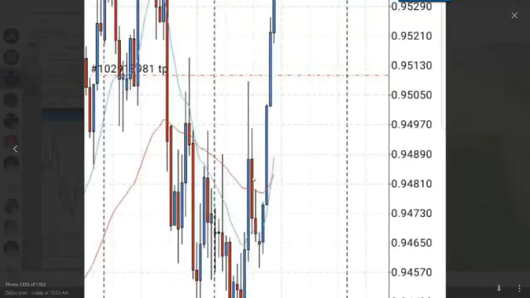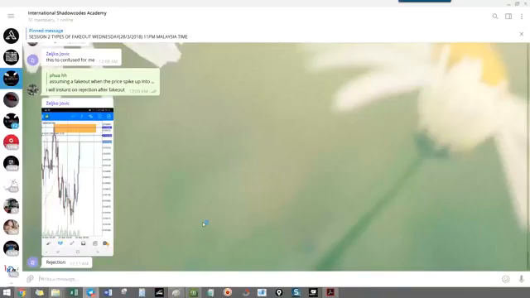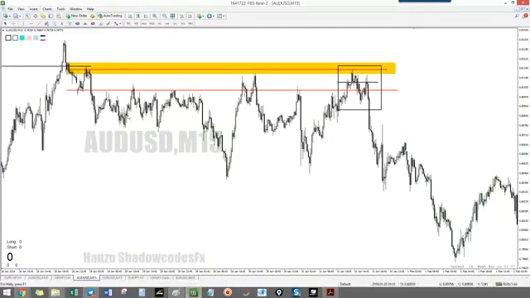This is an example of a rejection trade, USD CHF H4.